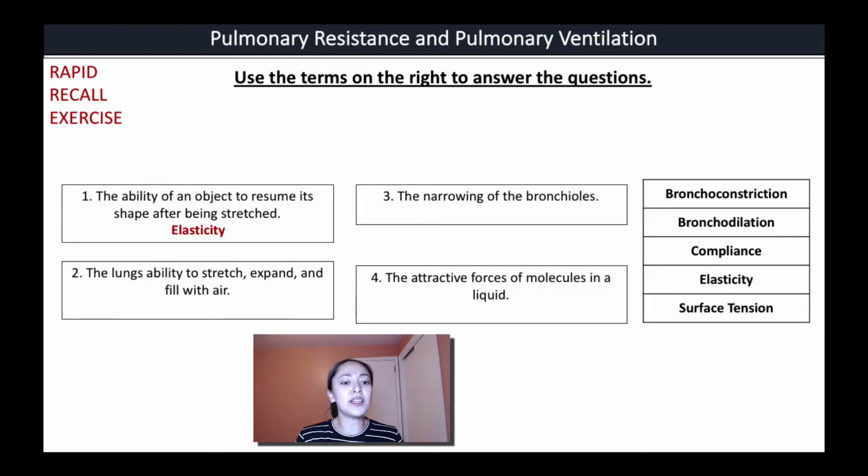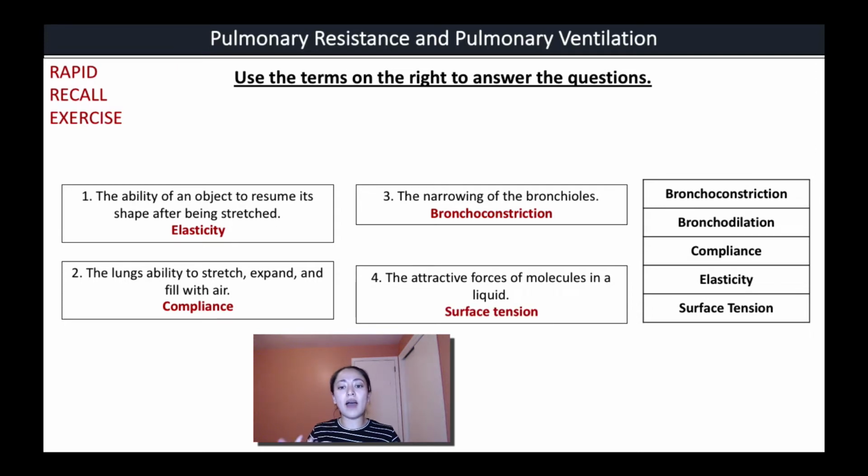The lung's ability to stretch, expand, and fill with air. That would be compliance. The lung is very compliant. It's going to listen and obey. The narrowing of the bronchioles. That would be bronchoconstriction. And the attractive forces of molecules in a liquid. That would be surface tension.